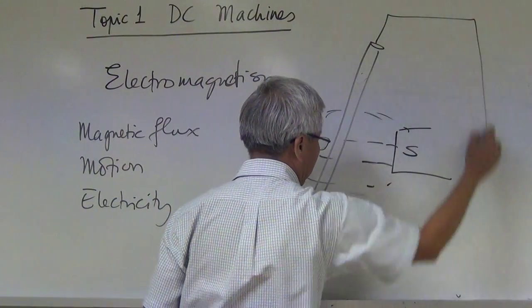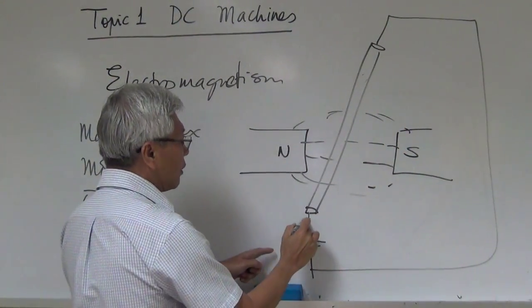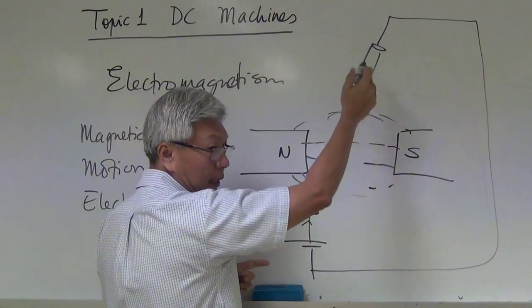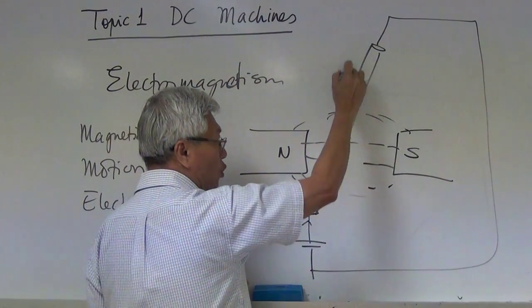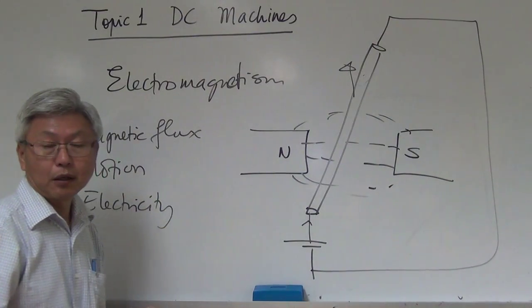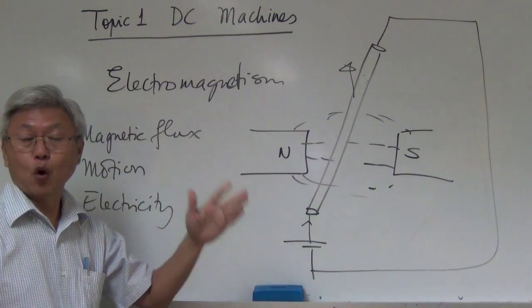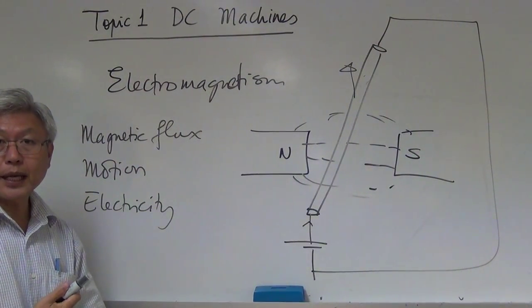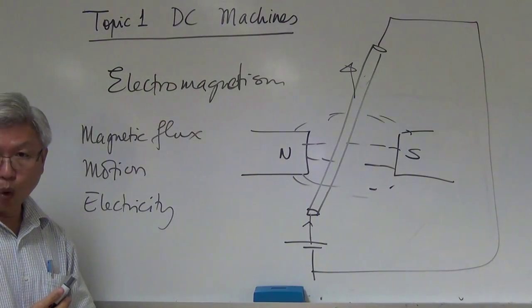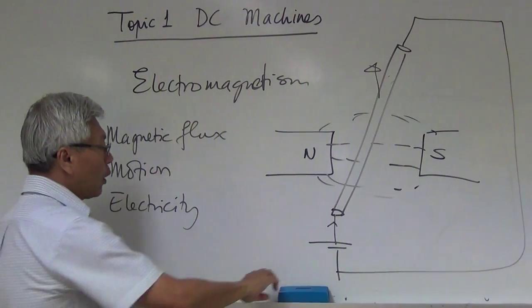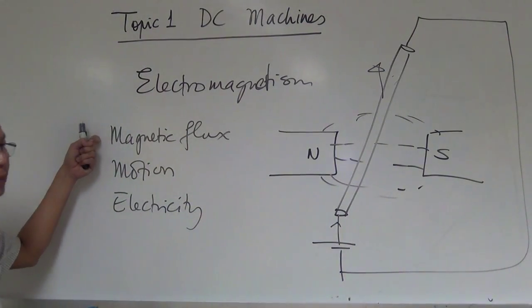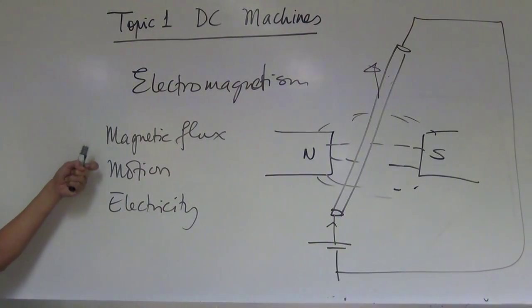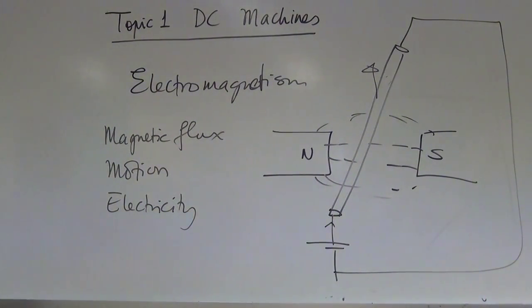When current is flowing in the conductor cutting the magnetic flux, motion is produced. The conductor would jump up or jump down. That is the working principle of a motor. So throughout the whole topic, it is about these three parties: magnetic flux, motion, and electricity.